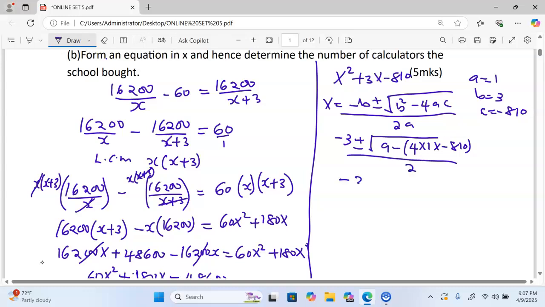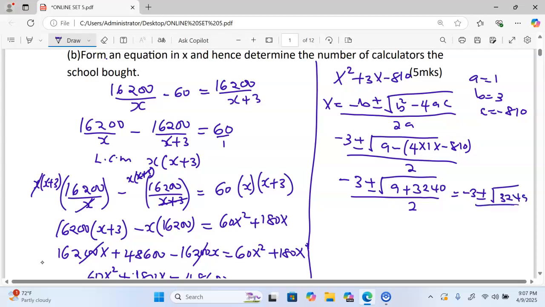This one is going to give us minus 3 plus or minus square root of 9 plus 4 times 1 times 810, which will give you 3240 negative. But since it is minus minus, this one is going to be 3240 divided by 2a.